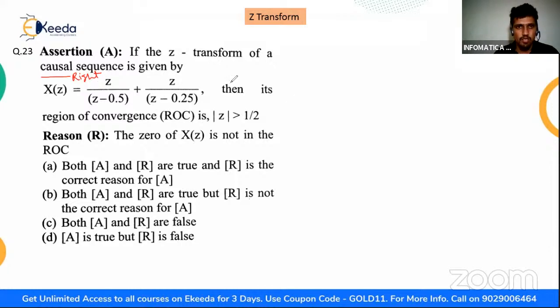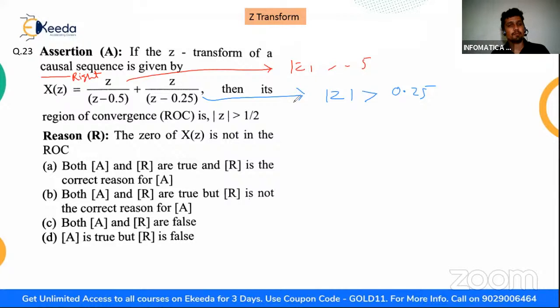For this, the ROC is mod of z greater than 0.5. And for this, the ROC is mod of z greater than 0.25. And there is addition of these two signals, so the ROC will be the intersection of these two.